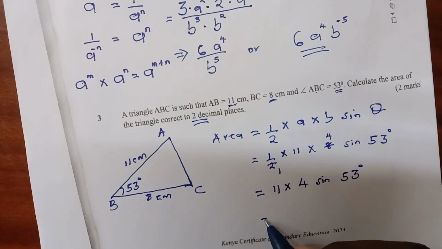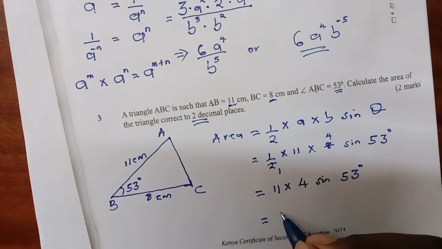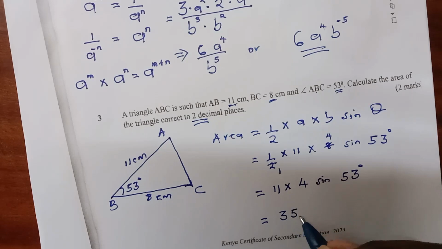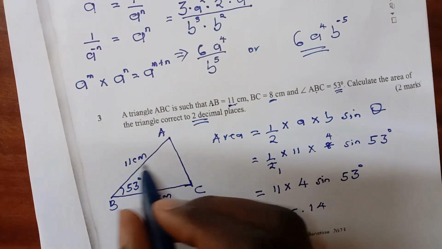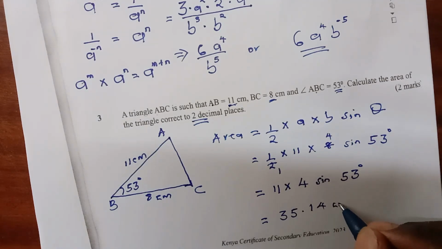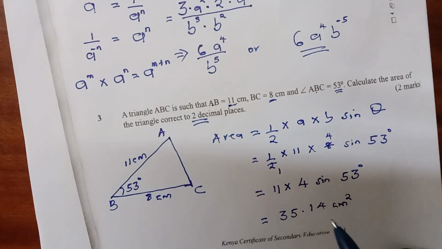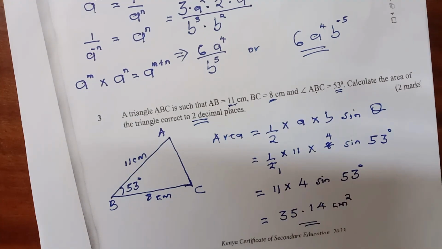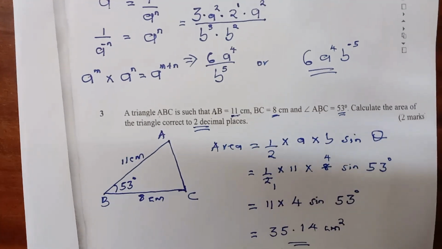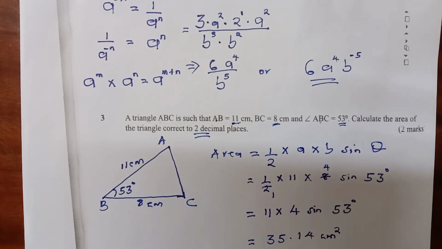So insert these values in our calculator easily, and you find that our area is going to be 35.14. Our units are centimeters, so it becomes square centimeters, and it is in 2 decimal places according to the instructions that have been given. It's supposed to be in 2 decimal places.